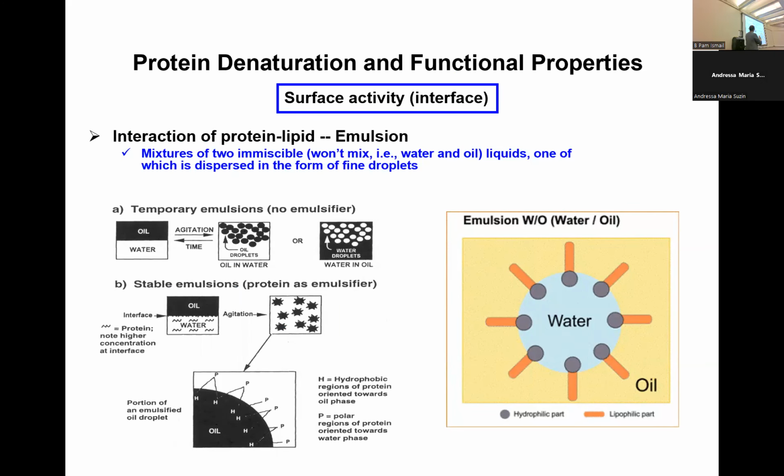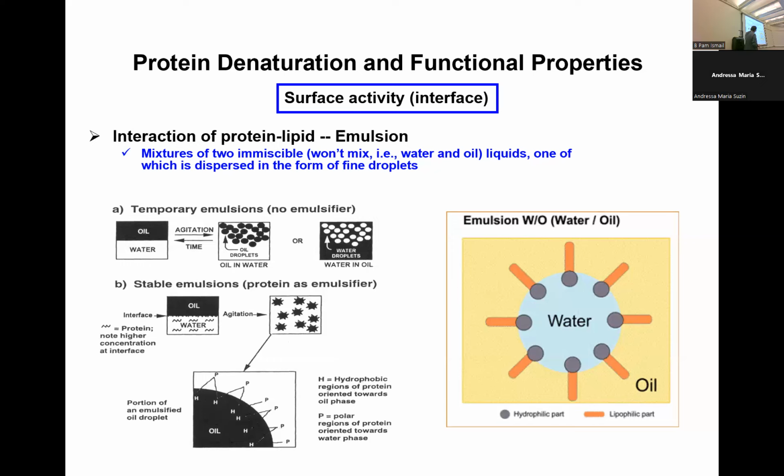In order to form an emulsion, in this case here, we're talking about emulsions and then foam. When you want to form your emulsion, the first thing you want to do is homogenize. When you shake, agitate or homogenize, you will break the oil into droplets. If there is no emulsifying agent, over time you have phase separation due to density differences and interfacial stress.